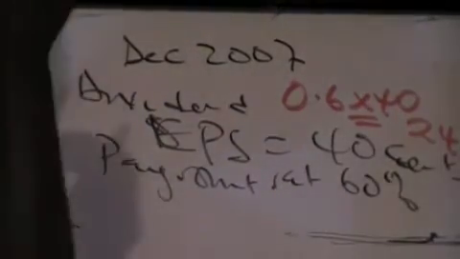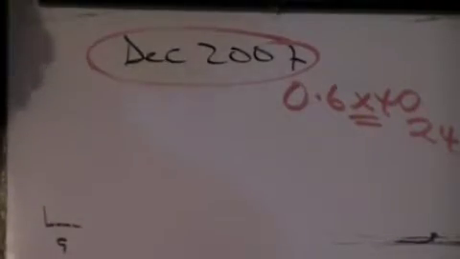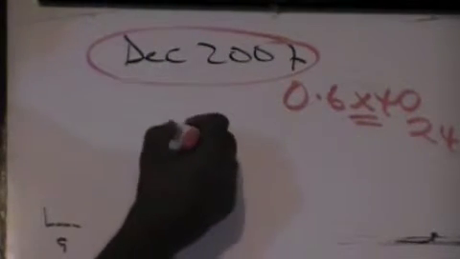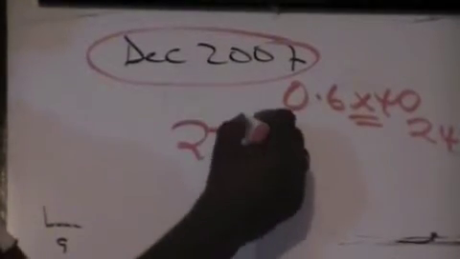So if that is the case, then we can comfortably say that the dividend is 24 cents, and in that question in December 2007, they tell us that the dividend that was paid 2 years ago was 22 cents.